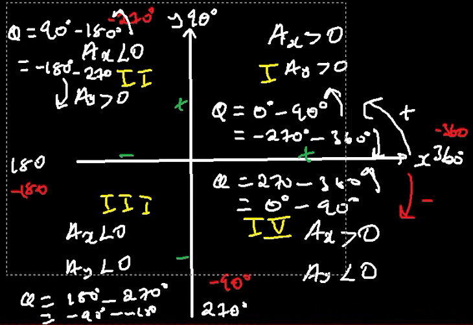And let's say we have something like this. Let's say we have a vector A with x component being less than 0 and its y component being greater than 0. So it means the x component is negative and the y component is positive. Which quadrant does the vector belong to?